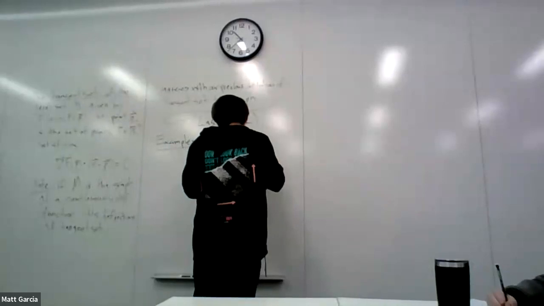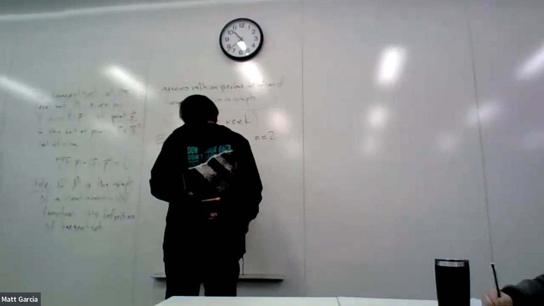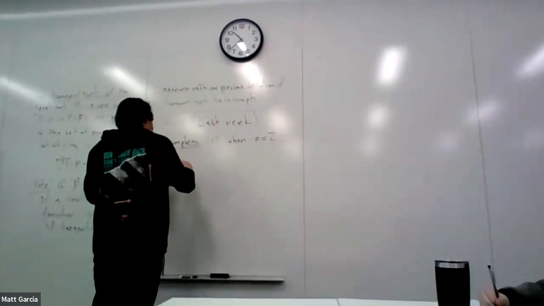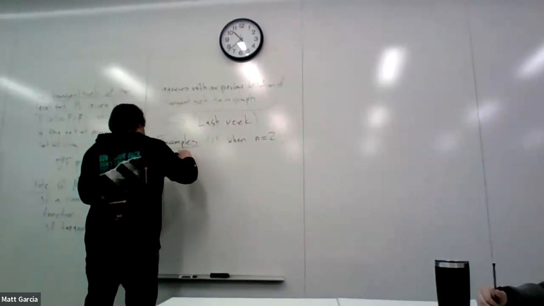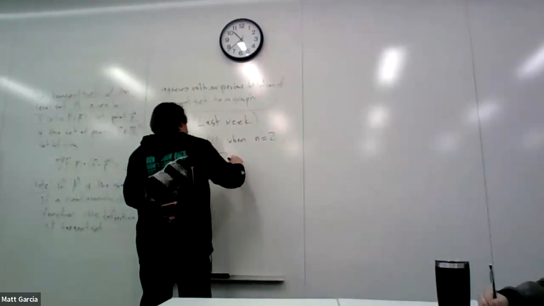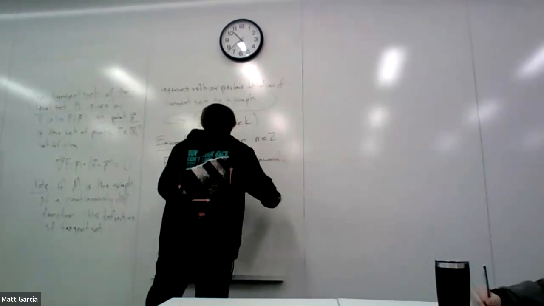When n equals 2, that is to say, f is a function from R2 into R, continuously differentiable.